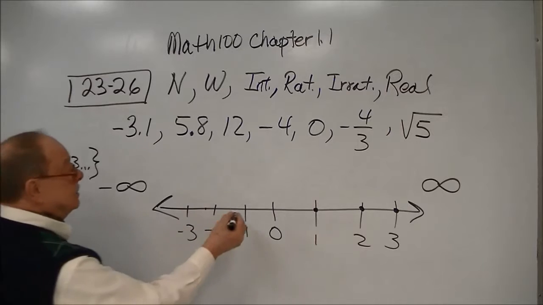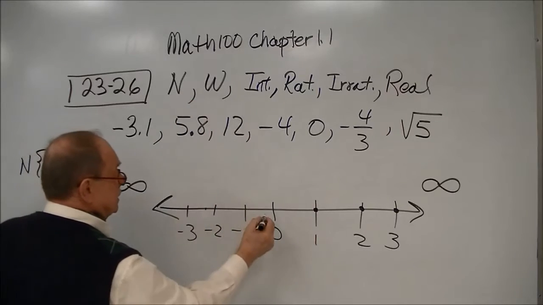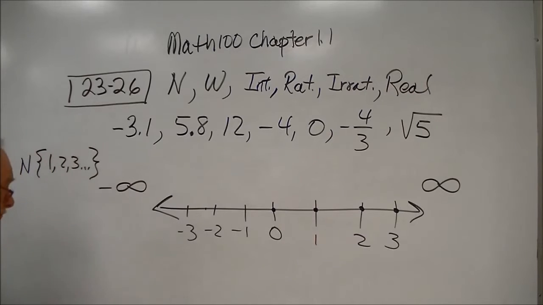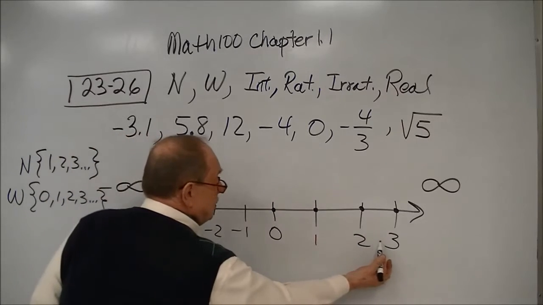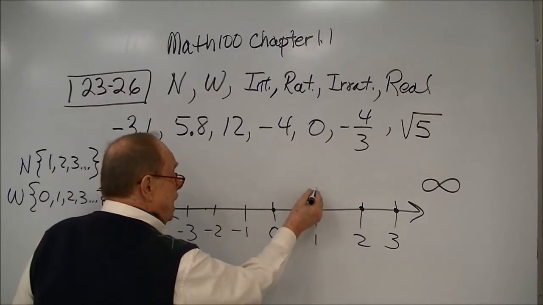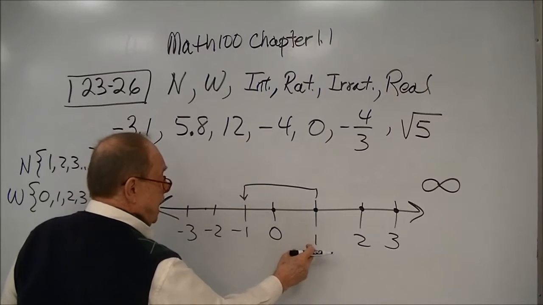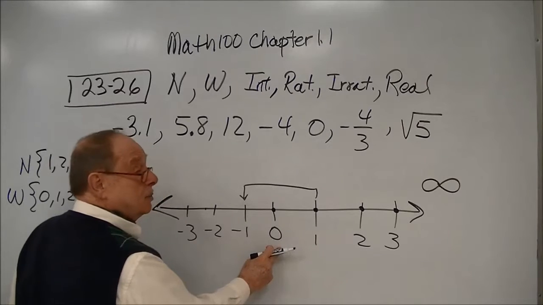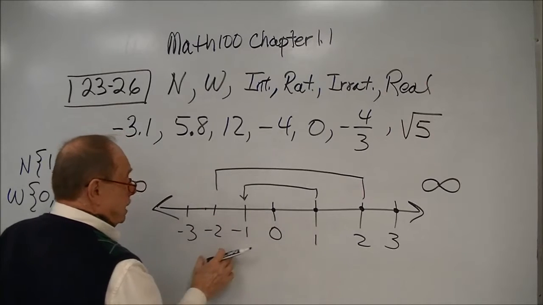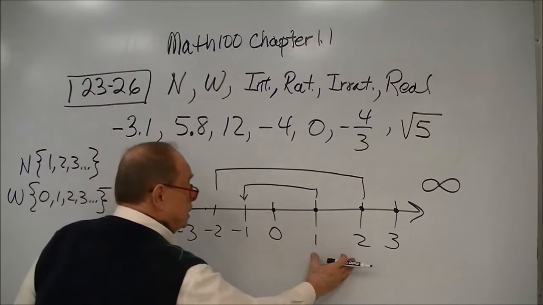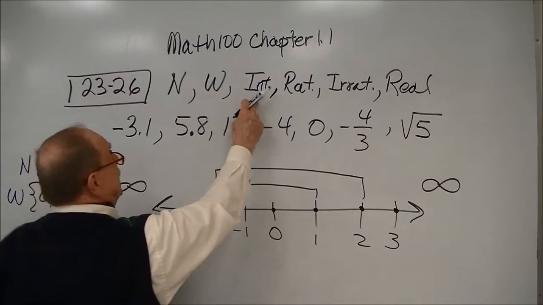Now, if we add a 0 to the natural numbers, we get the whole numbers. So that would look like this. And then if we take numbers that are whole numbers on this side and their opposites, that is by adding this to this and ending up with 0, when we add that group of numbers, whole numbers and their opposites, we get the integers.